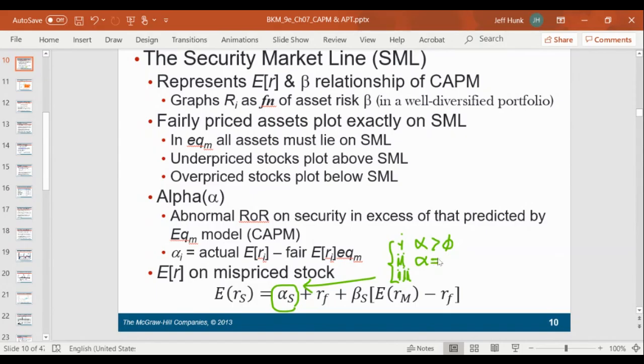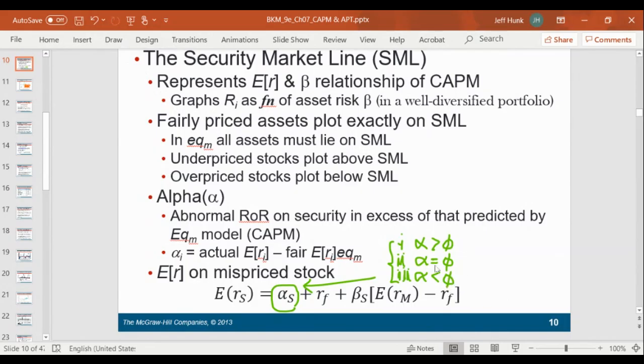Alpha being positive, alpha being 0, and alpha small. Okay, I'll have to live with it. Okay, it's better not to waste time.